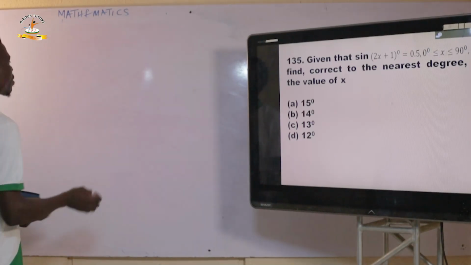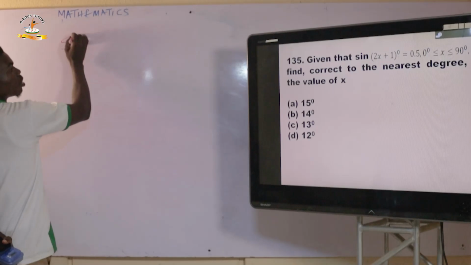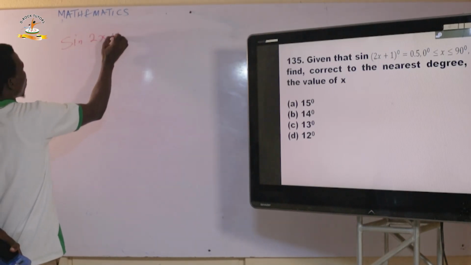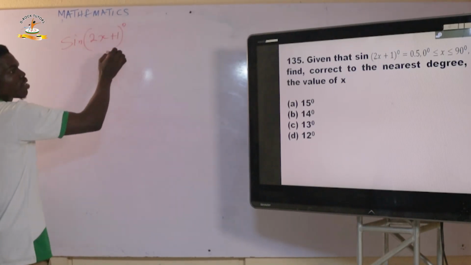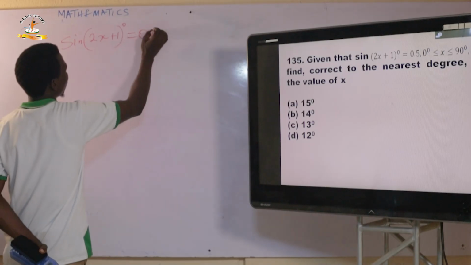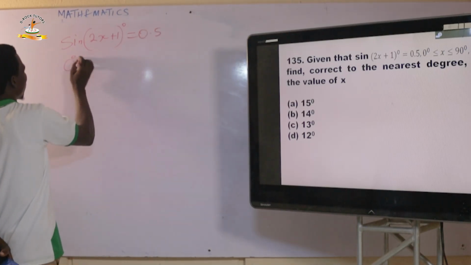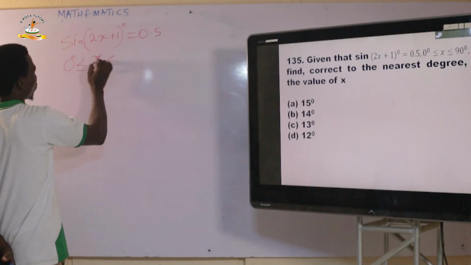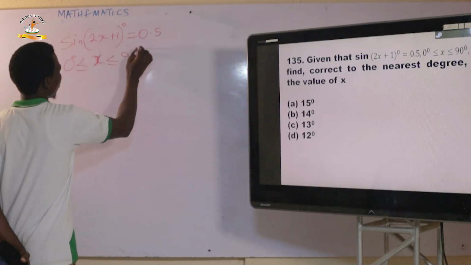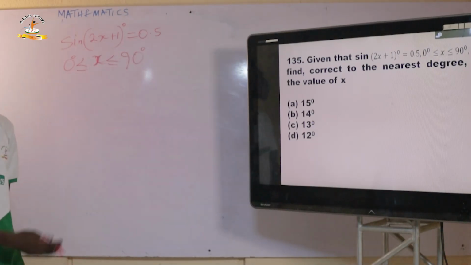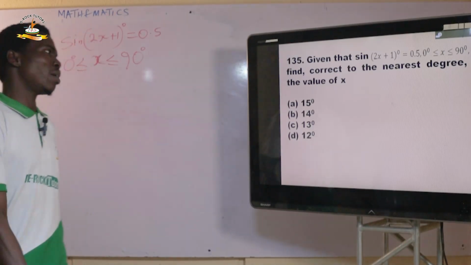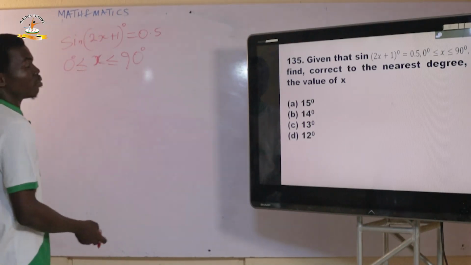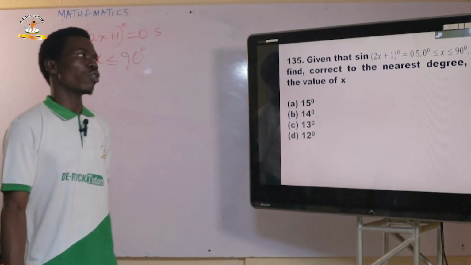So we have that sine of (2x plus 1) in degrees equals 0.5 for 0 degrees less than or equal to x less than or equal to 90 degrees. What does it tell us? It tells us it is an acute angle, and it's most likely to be found in what? In a right angle triangle.